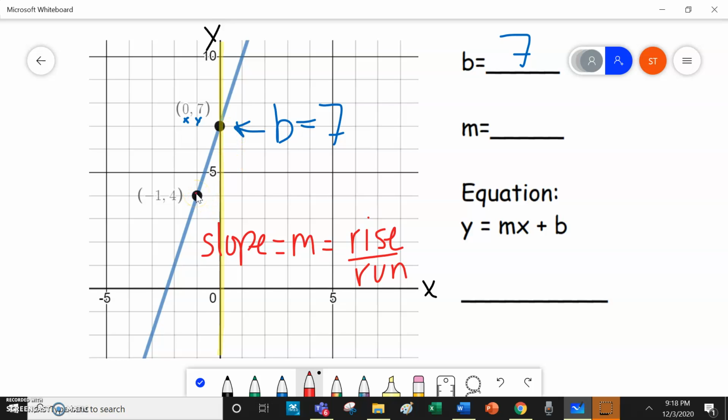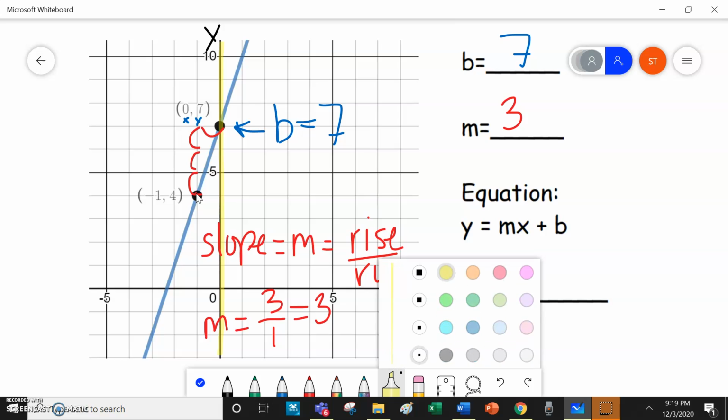So I'm counting, and I can see I go up 1, 2, 3, and I go over 1. So my rise is 3. My run is 1. 3 divided by 1, that's how we simplify fractions, gives me 3, so my slope is 3.